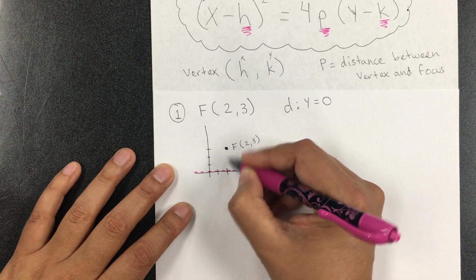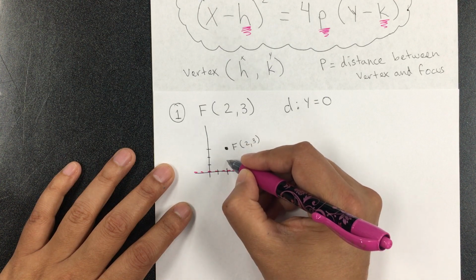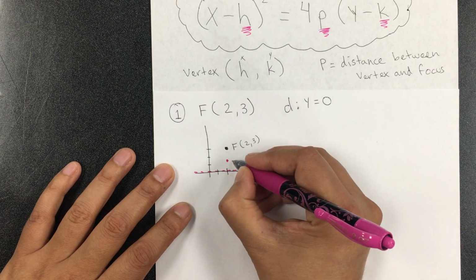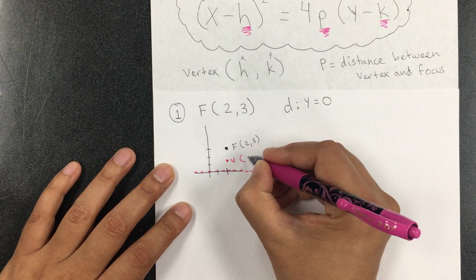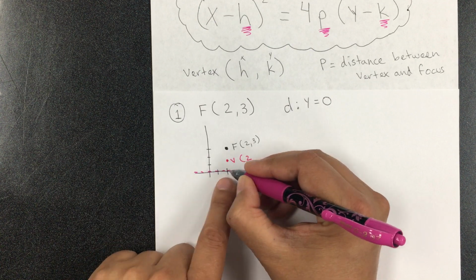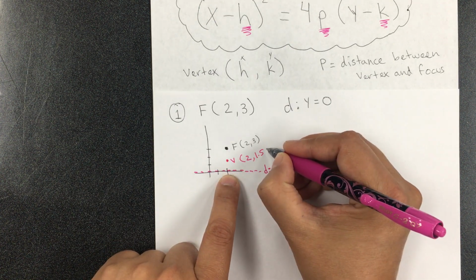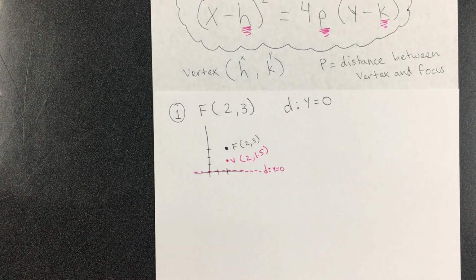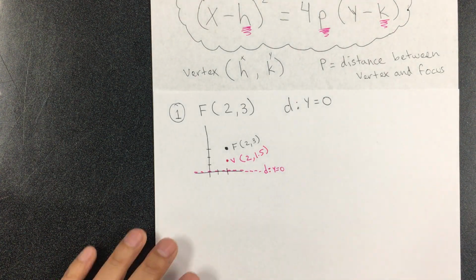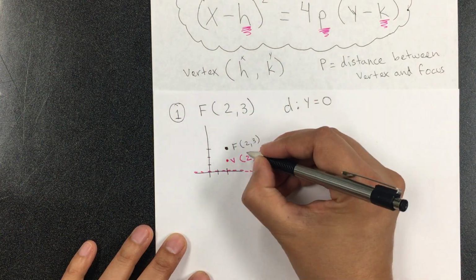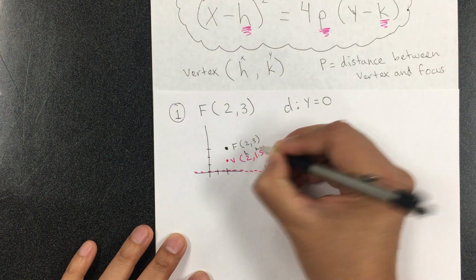If for the y value this is 3, then halfway is going to be 1.5. So the vertex is at 2 for x, because it's still 2 spaces for x, and 1.5 for y. And so that's what becomes our h and k, right? Remember that this is for the vertex, so that's h and this is k.